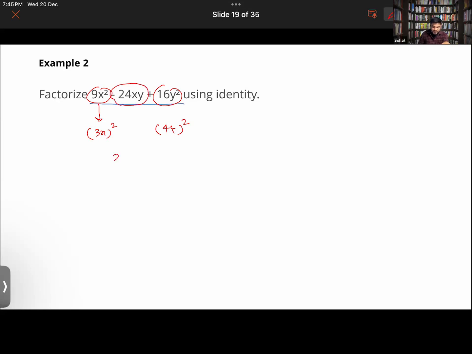Can you not write it 2 times minus 3x multiplied 4y? 4, 3s are 12, 12, 2s are 24, 24xy and then minus sign. Right? So इसे हमने a assume किया, इसे b, and ये हमारे क्या है minus 2 into a into b है. Getting it now? हाँ. So like this you can be solving such questions.